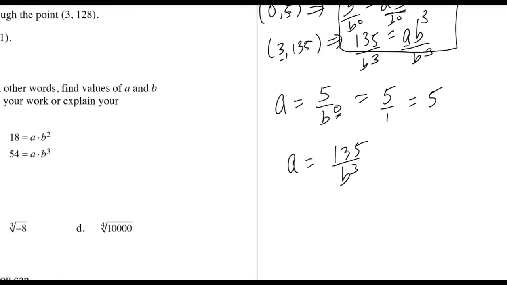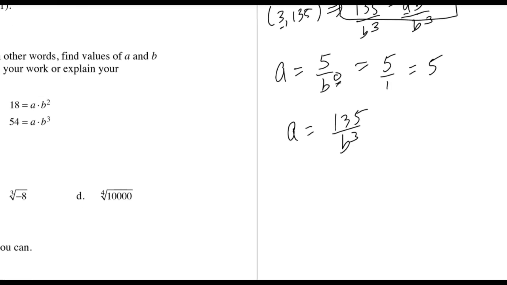Here on the first one I have a equals 5. Second one I have a equals 135 over b to the third. But since they're both a, they're both equal. In one case, it's equal to 5. In the other case, it's equal to 135 over b to the third. I could set them equal because a equals a, right? So 5 equals 135 over b to the third.